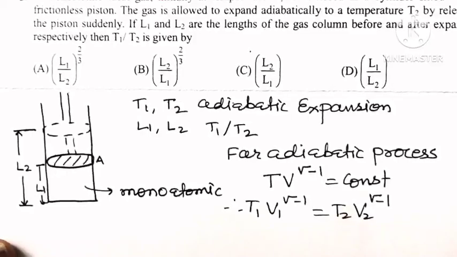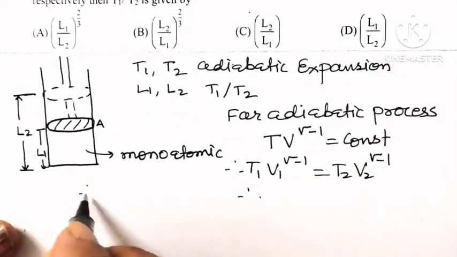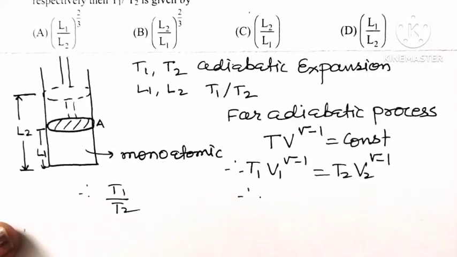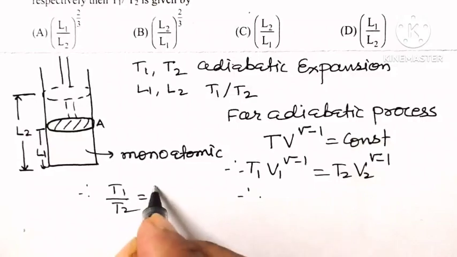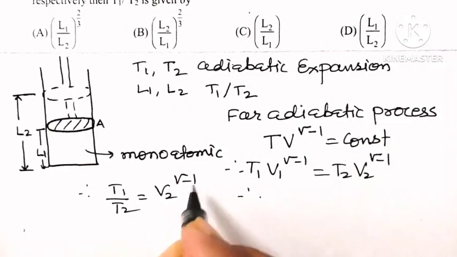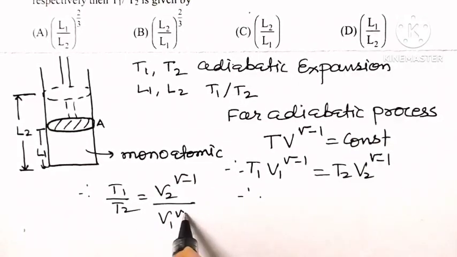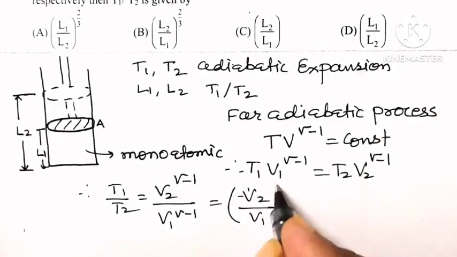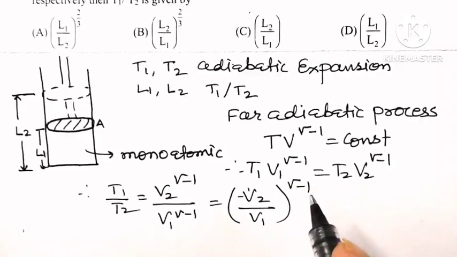Therefore, taking T2 to this side, T1 by T2 is equal to V2 raised to gamma minus 1 upon V1 raised to gamma minus 1, or it is equal to V2 by V1 raised to gamma minus 1.